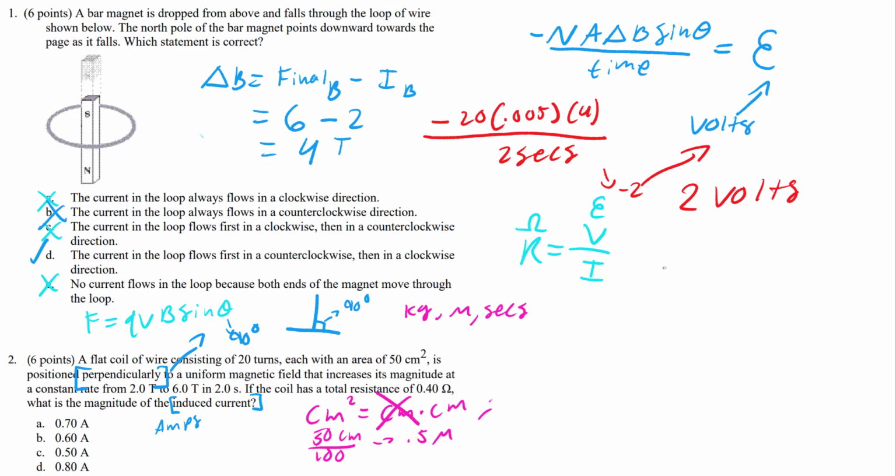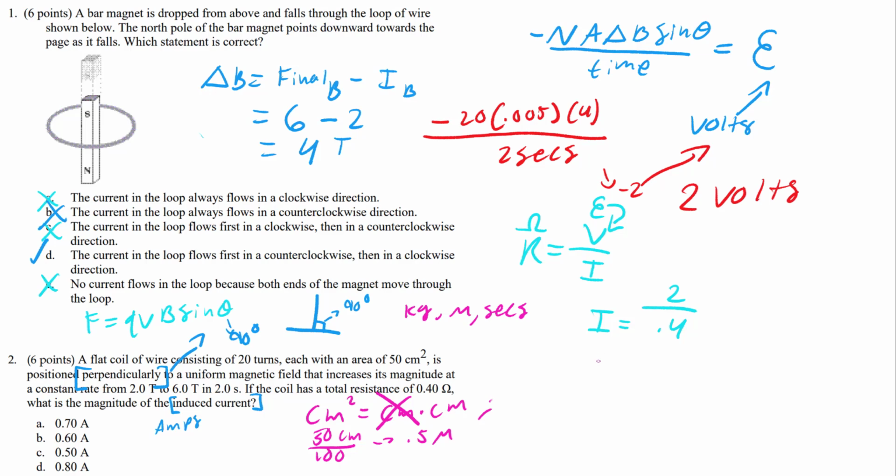Notice that this little weird E is the same thing as saying V for voltage. So you can say that this little weird E, which we calculated to be the EMF, divided by the resistance is equal to the current. So we can say that 2 volts divided by 0.4 is equal to I.